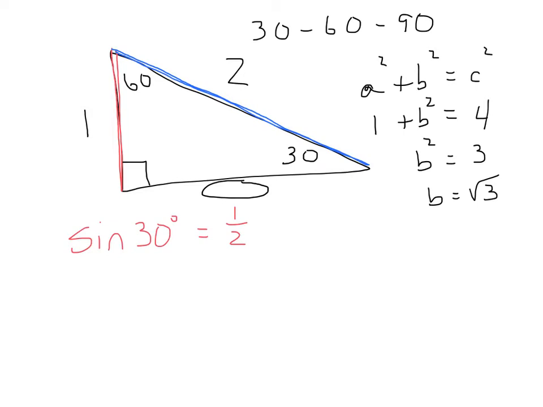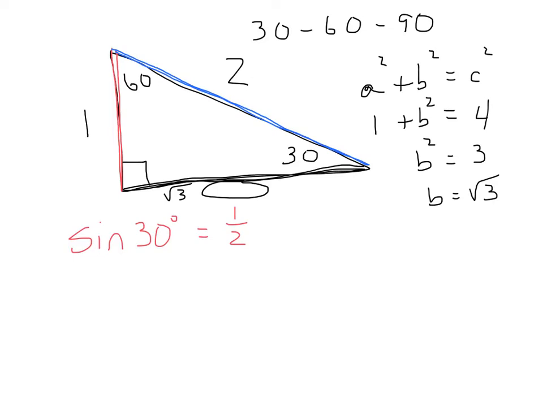And so this leg here, this black leg, that is opposite the 60-degree side, which is the longer leg of the triangle, will be equal to the square root of 3. Okay? And so these sides are in a 1:2 to radical 3 ratio. Not in that order, obviously, because the hypotenuse is the longest. But I think that makes it a little bit easier to remember, 1:2 to radical 3.